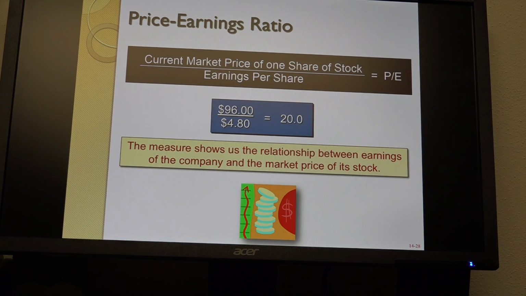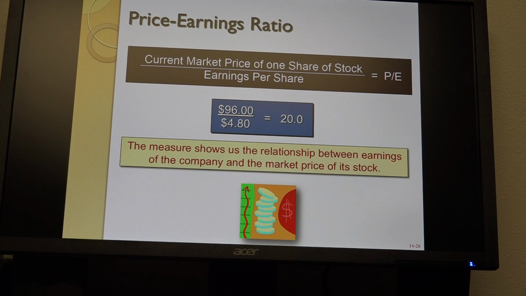Another profitability ratio is price earnings ratio. And so here your numerator is going to be current market price of 1 share of stock. Now this only works with publicly held companies. If it's a private company, they're not going to know the current market price for 1 share of stock.